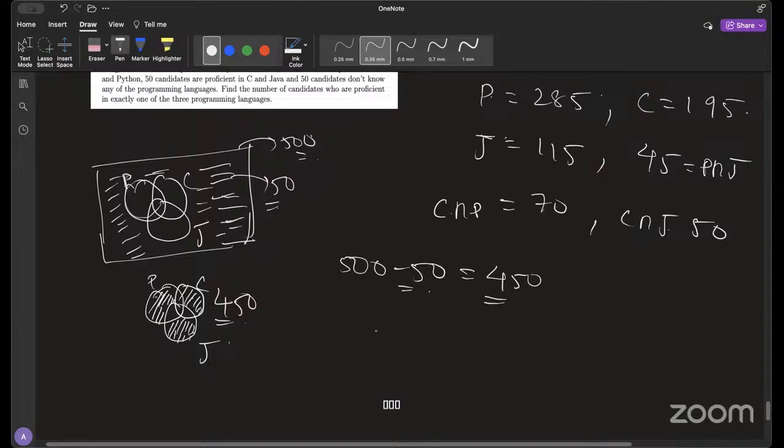So we'll start with the P. This is P. And from P, you can just subtract. So to get only P, the ones that are just proficient, what you have to find is proficiency in just one language.